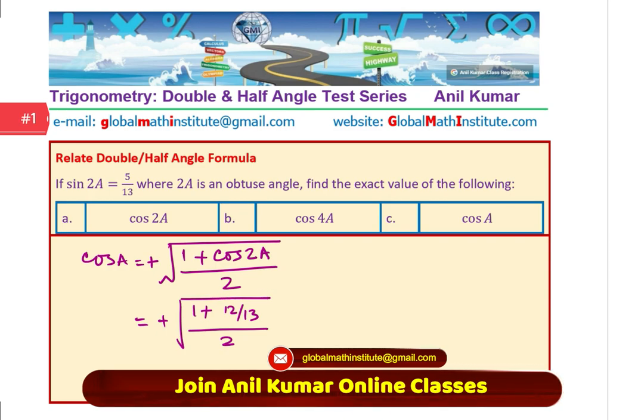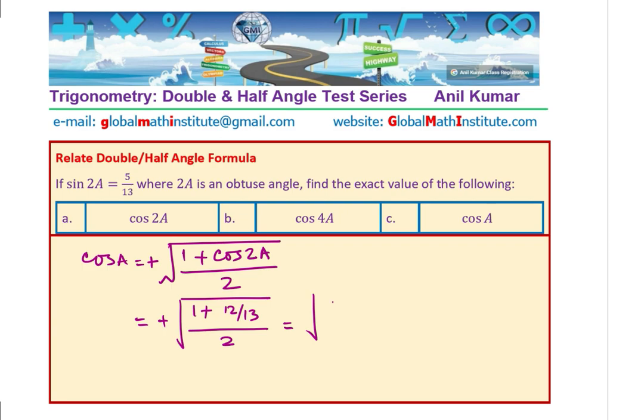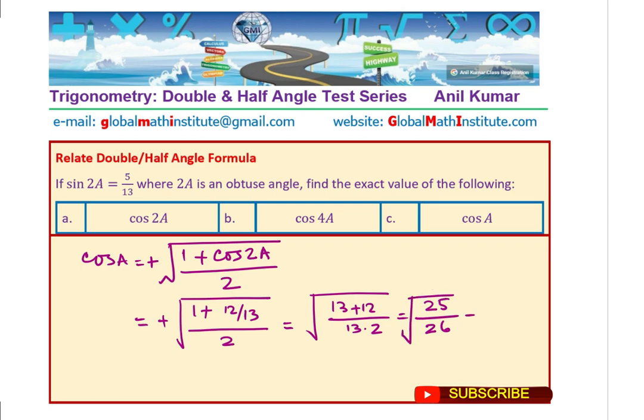Now, taking a common denominator of 13, we could actually rewrite this as 13 plus 12 over 13, right? And this is times 2. Make sense? That is 25 over 26, right? Square root of 25 is 5, so we get 5 over the square root of 26.